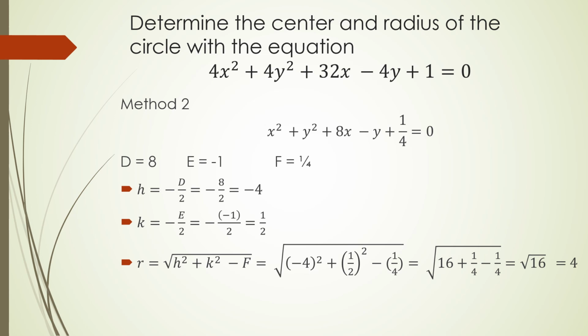We all know that the square root of 16 is positive and negative 4, but we have to consider the positive one since we're dealing with a radius that calls for a distance, and that should be positive.